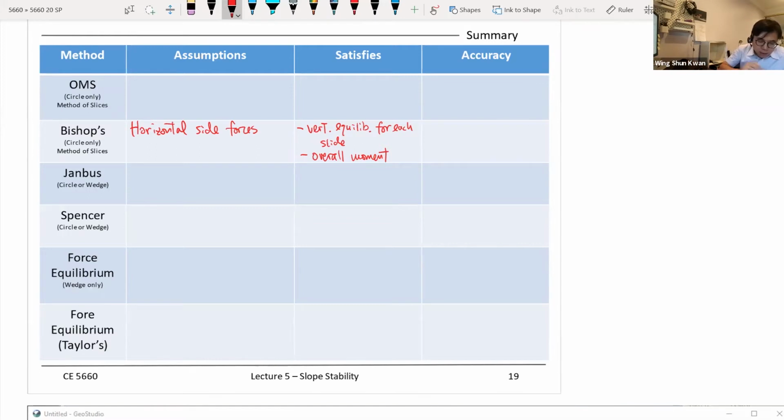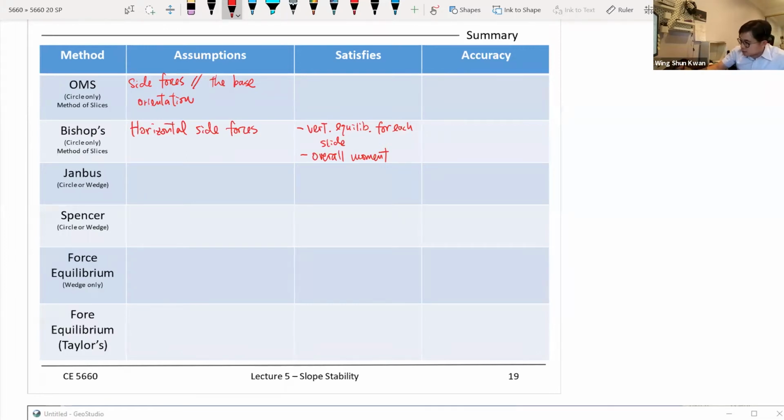And for the OMS that we talked about, the major assumption is the side force is parallel with the base orientation. And here I mean the side of the slice, not the slide.